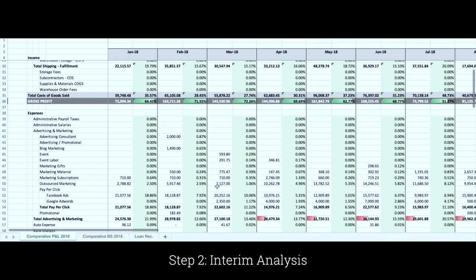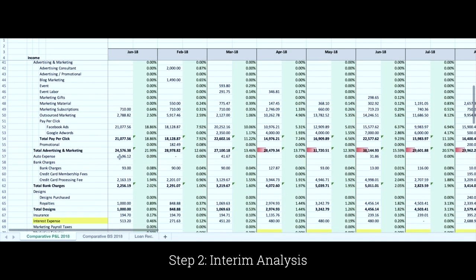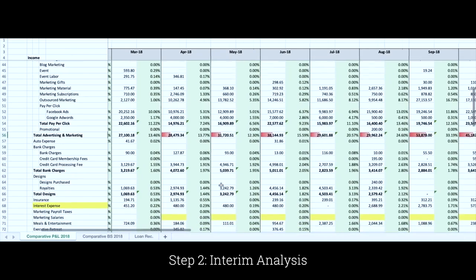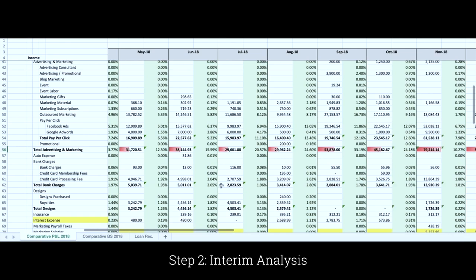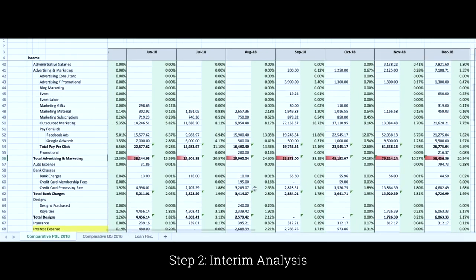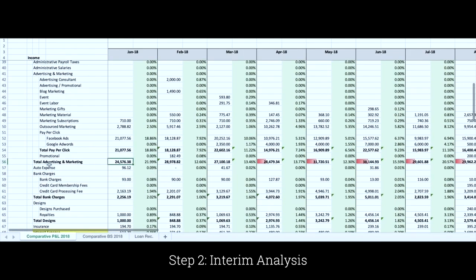As we go down to the operating expenses, we talked before about how the categories are a little inconsistent. A lot of times what we like to do is highlight some trends. You would expect total advertising and marketing to be relatively consistent from month to month and maybe ramp up in the months where we have higher sales. We can kind of see that, but we get the sense that we're not capturing everything having to do with advertising and marketing in here.